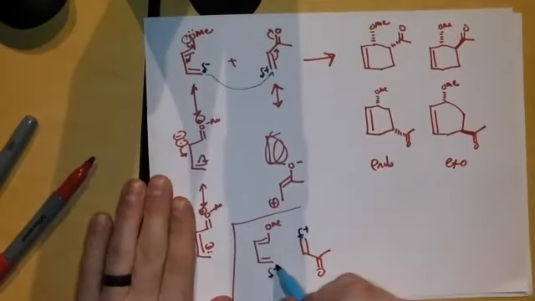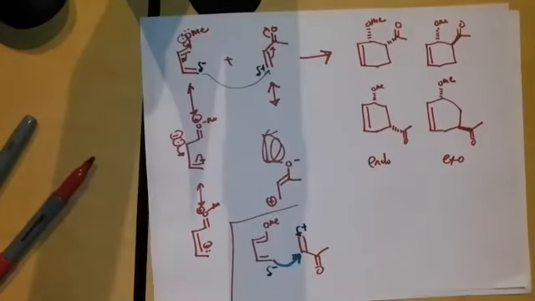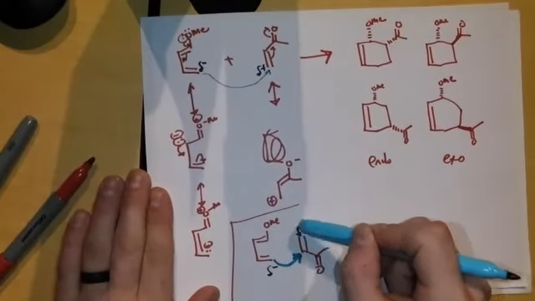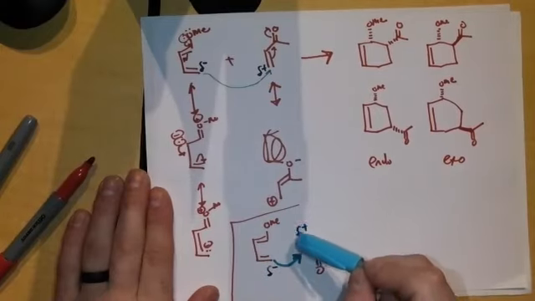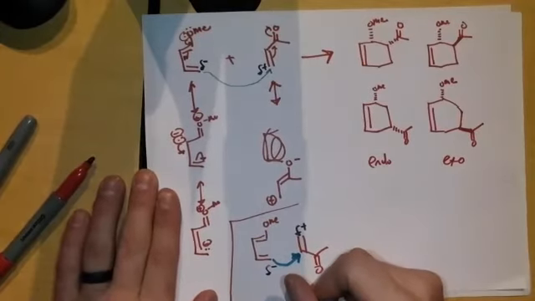For this to happen, my negative would have to attack this position here. And because this doesn't have the charge here, this is not going to happen. It's actually just going to select to attack this. This is going to flip over and it's still going to give you this product. So this is not going to happen.